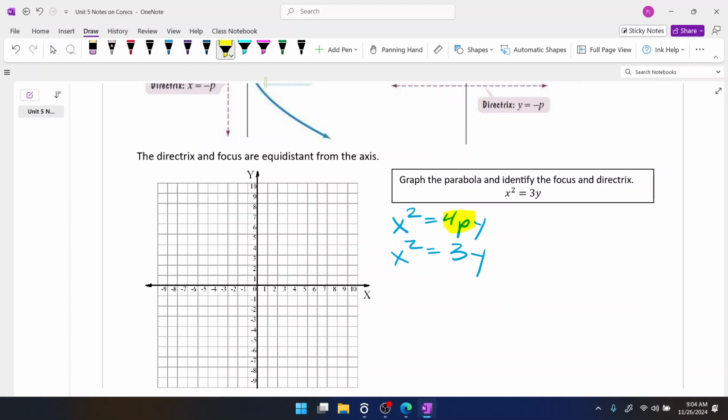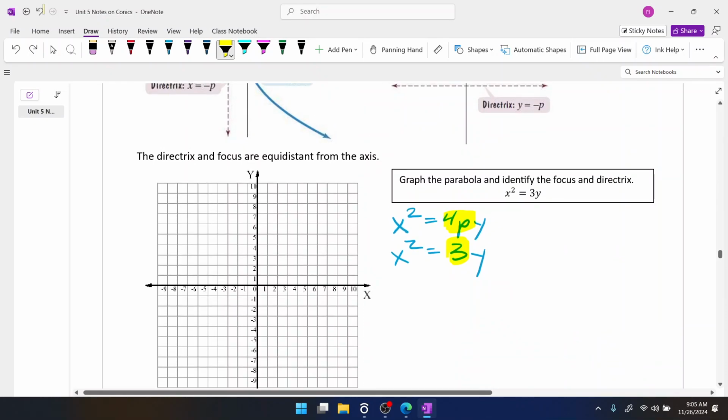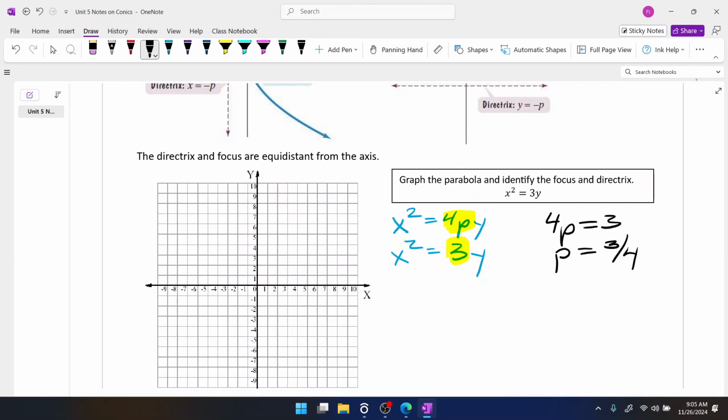And if x squared equals 3y, basically what you're going to be able to do is figure out your p-value, so to speak. Our value of p. If 4p equals 3, p is going to equal 3/4. And since this is x squared equals 3y, we're going to be able to identify the directrix as the line y equals -3/4.